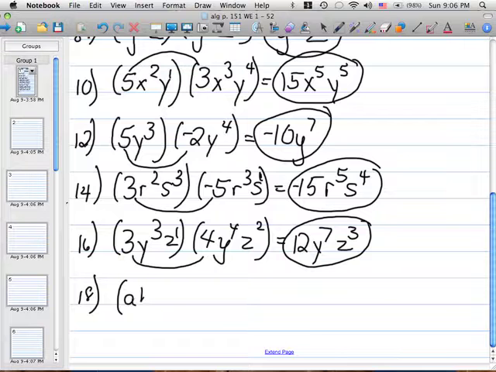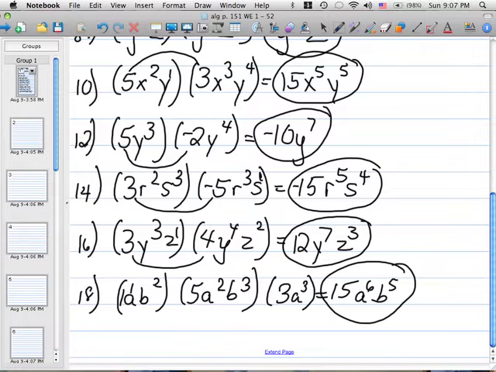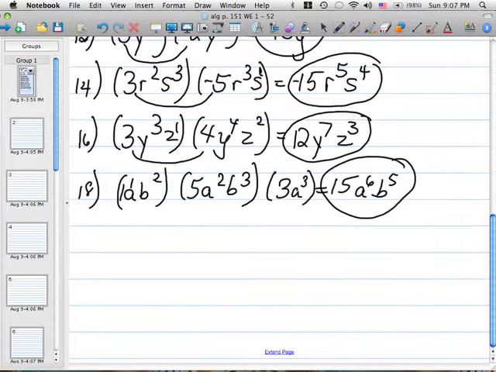Number 18, you have ab to the second times 5a squared b cubed times 3a cubed. Multiplying the numbers together, 1 times 5 times 3 is 15. A, you have 1 plus 2, that makes 3 plus 3 more is 6. And b, you have 2 plus 3 is 5. So it's 15, a to the 6th, b to the 5th.